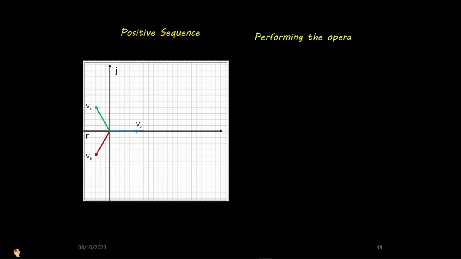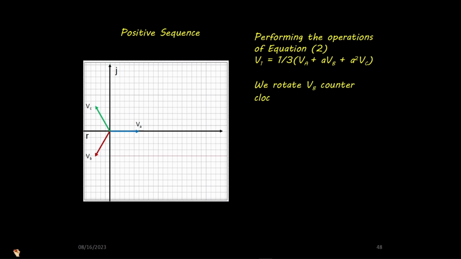Performing the operations of equation 2 on the positive sequence, V1 equals 1/3 (VA plus A times VB plus A squared times VC). We rotate VB counterclockwise 120 degrees: A times VB equals V at 0 degrees.